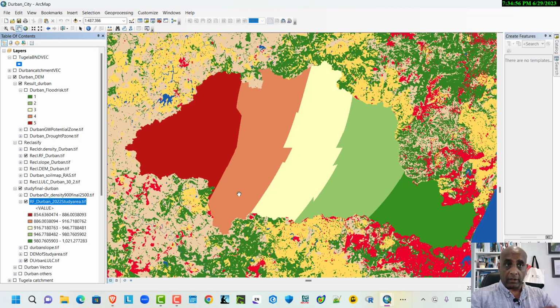If that extreme event falls, relatively from all this area in this catchment, the Durban area is a highly risky flood zone. It might be flooded by the rain that falls if it is extreme, if it is greater than the infiltration capacity of the soil.